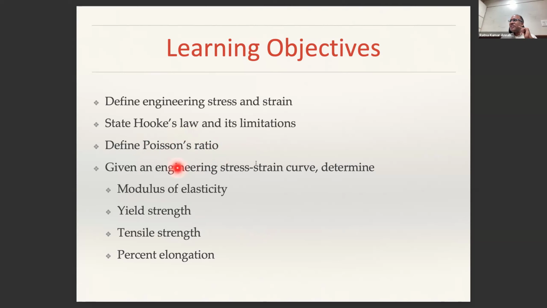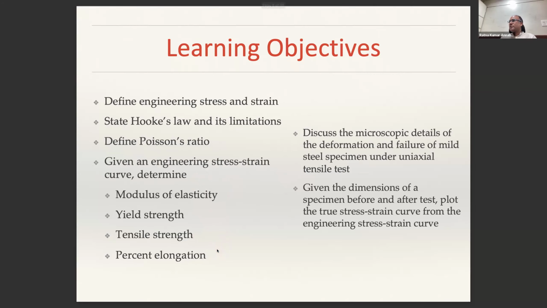And if you do an experiment and get an engineering stress strain curve, will you be able to measure from the stress strain data the modulus of elasticity, which is nothing but the elastic modulus or Young's modulus? Will you be able to estimate what the yield strength is, what the tensile strength is, and what is the percentage of elongation before fracture? These are the properties that you would estimate given a stress strain curve, right? That is what we are going to learn.